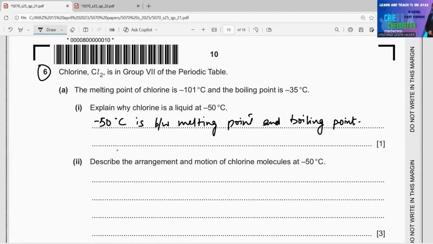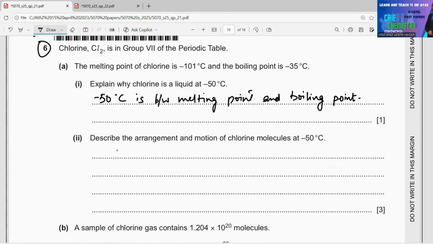Part 2. Describe the arrangement and motion of chlorine molecules at minus 50 degrees centigrade. For arrangement of chlorine at minus 50 degrees centigrade, you are referring to the arrangement and motion of particles, chlorine molecules, which is liquid at this temperature. So you are referring to the liquid state.